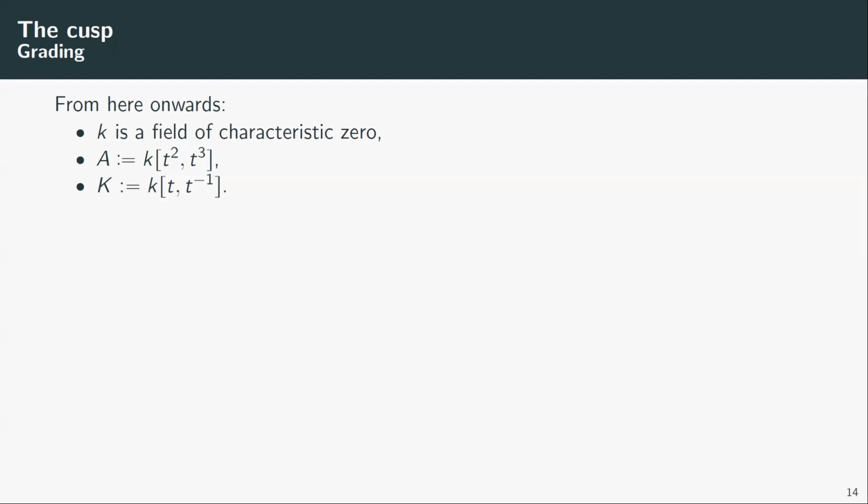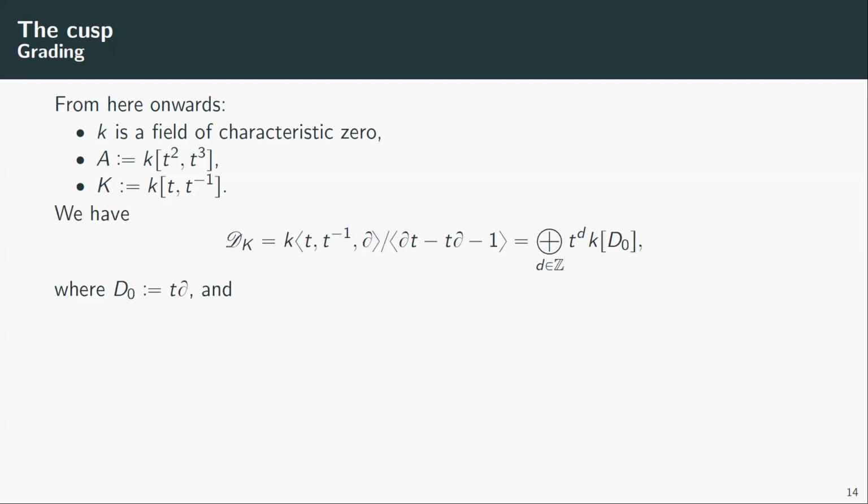So capital K is a localization of A, and it is smooth. So its ring of differential operators is isomorphic to a localization of the Weil algebra, and so it is graded.